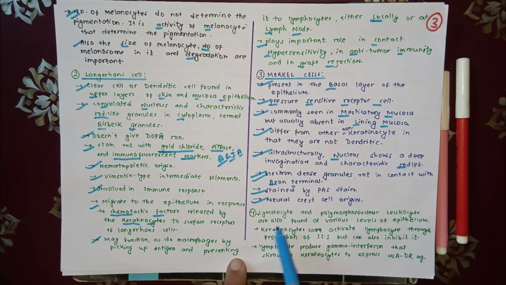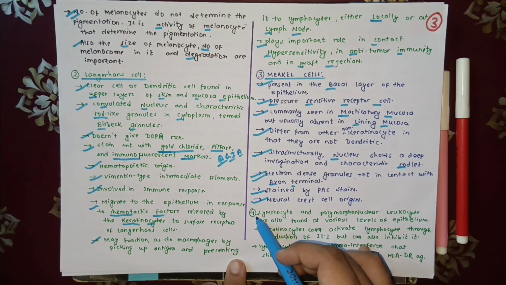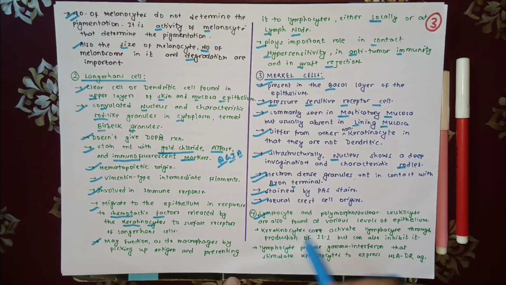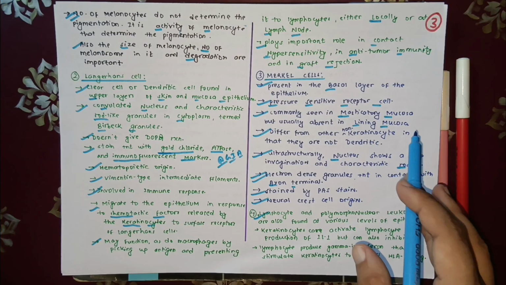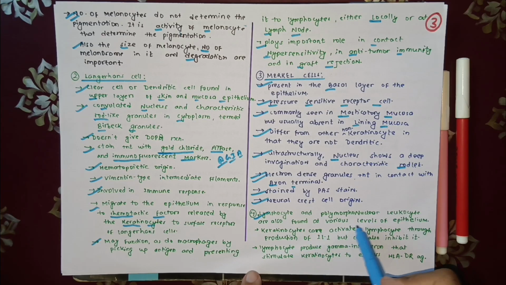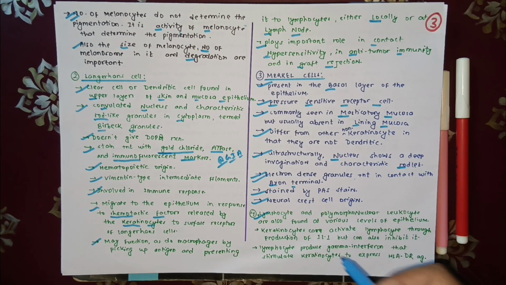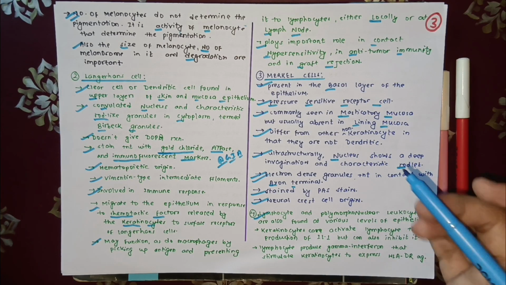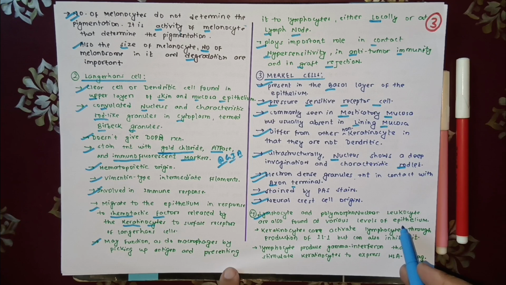Now we will discuss the lymphocyte and the polymorphonuclear leukocyte, which are also found at various levels of the epithelium. So the fourth type of non-keratinocyte present in the epithelium of the oral mucosa includes lymphocytes and polymorphonuclear leukocytes, meaning neutrophils. Lymphocytes are present at various levels of the epithelium.